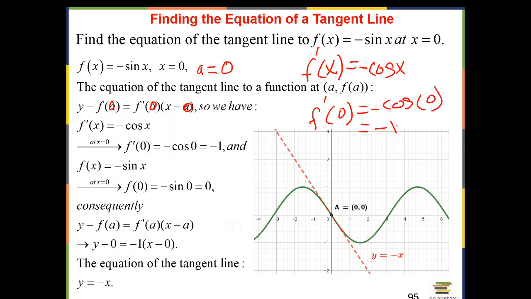And that's negative 1. So what goes here is negative 1. What goes here is 0. What goes here is negative 1, and we are done, right? That's the equation. And the equation is right there. That's the equation of the tangent line to the graph of y equals negative sine x at 0, right there.